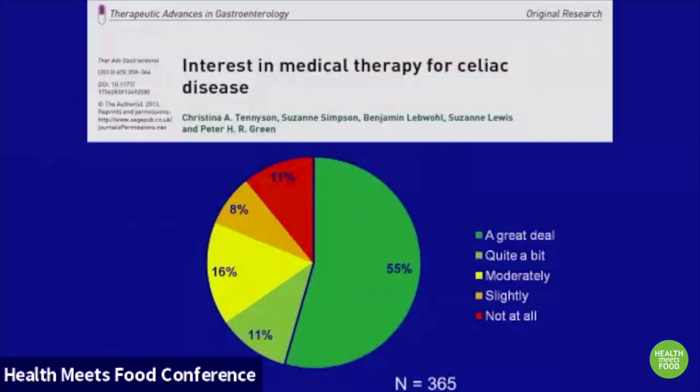But there's a development. We're currently doing studies with 4 different drugs looking for a medication, because I think it's been very unfair that people with celiac disease have not had the offer to take a medication. If you have celiac disease, you've got to think about what you're going to eat all the time. If you have high cholesterol, you just take a pill, increase the dose, and eat whatever you like.